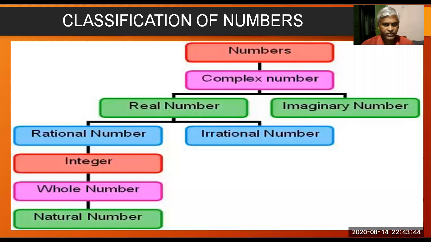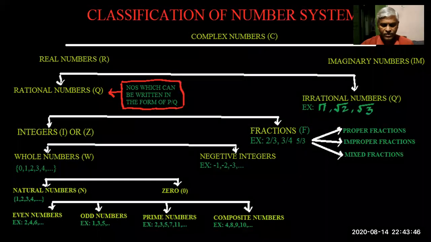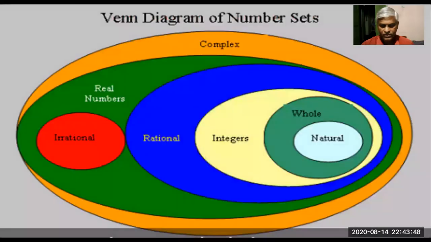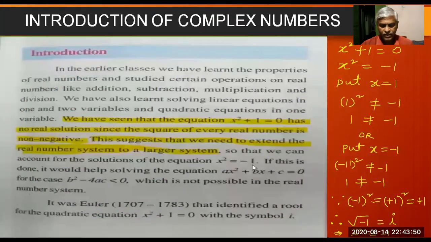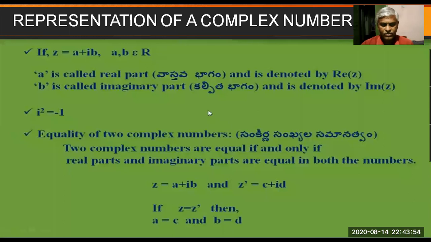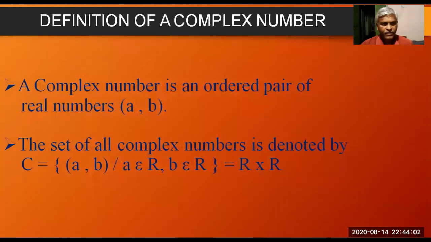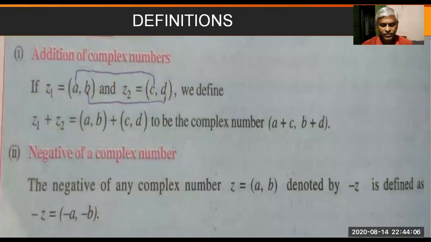So, in previous classes we did some problems and discussed the concepts. The representation of a complex number in the form of a plus ib, and the definition of a complex number: it is an ordered pair (a, b) where a and b are real numbers.